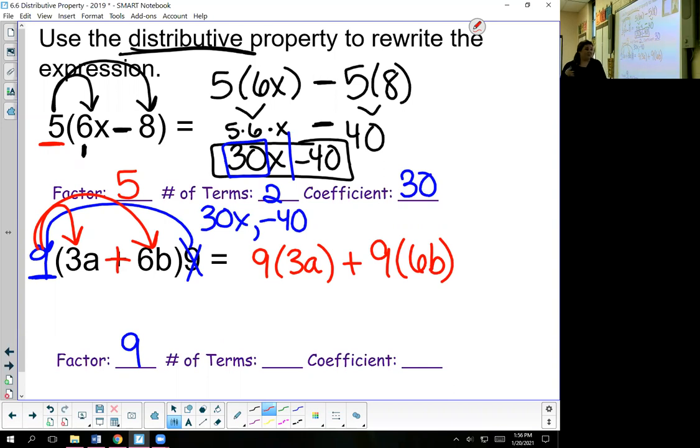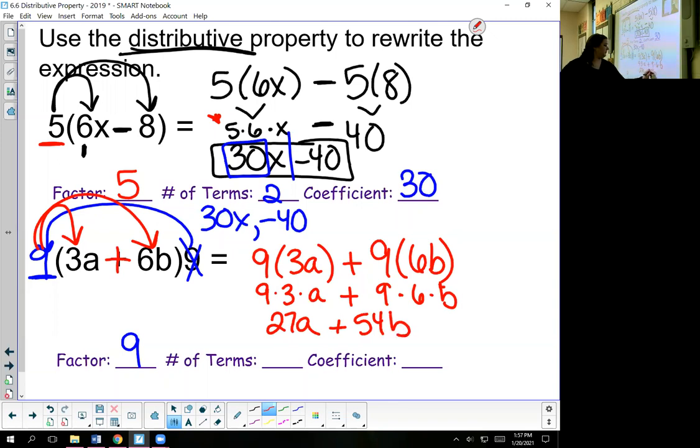Fine, no problems here. Okay, so again, like how I did up here, this is really 9 times 3 times a, which is all multiplication. So this is 27, and then with a attached to it, because you know when they touch, it's multiplication. And then this is really 9 times 6 times b, which is 54b.